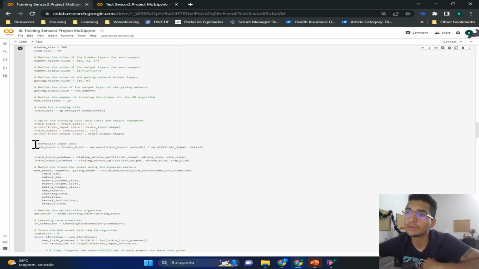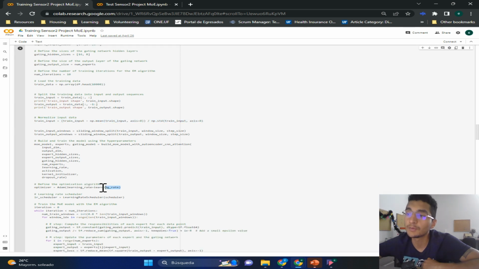Something interesting to mention is that we were normalizing the data, as that has a beneficial effect on the performance of the model. On the optimizer, we switched between different ones. We tried Adam at first, but then it was getting stuck in local minima.